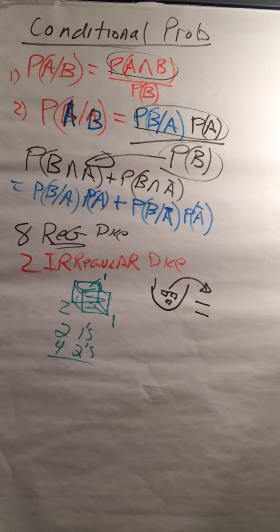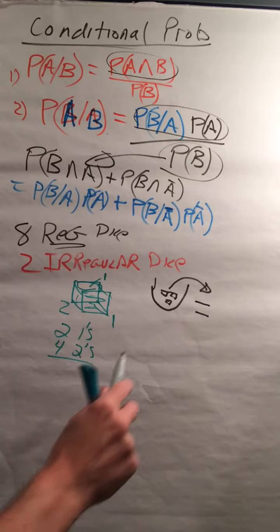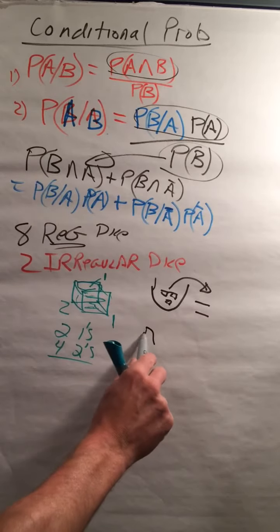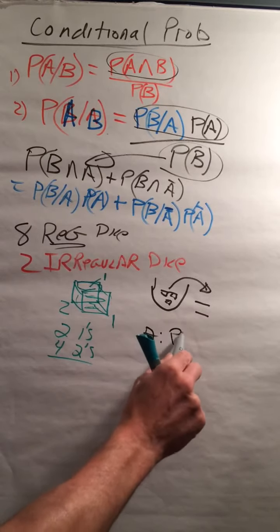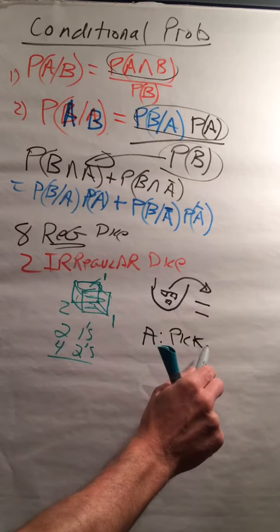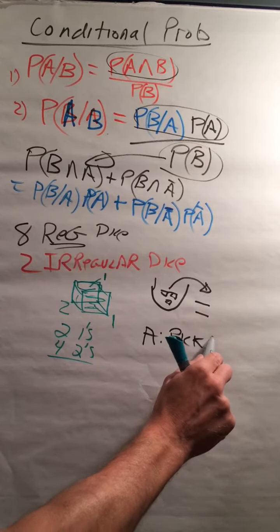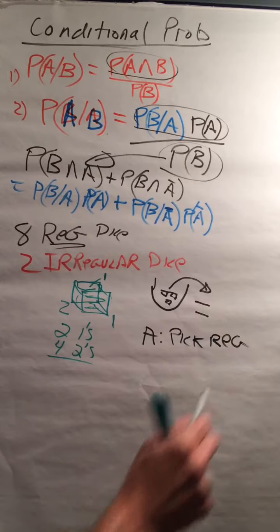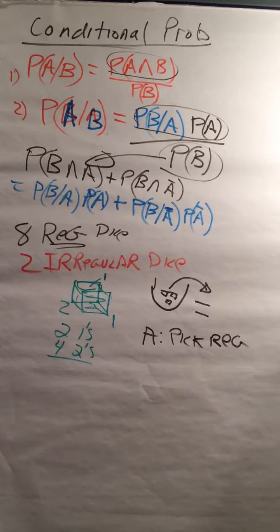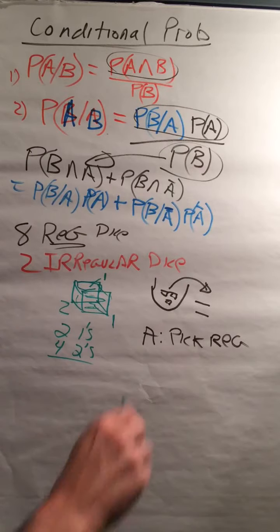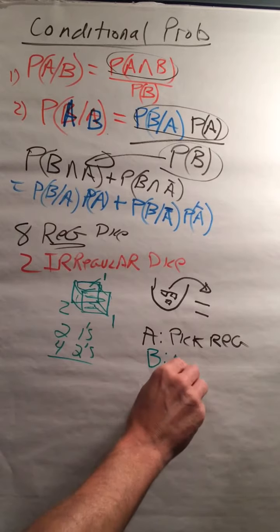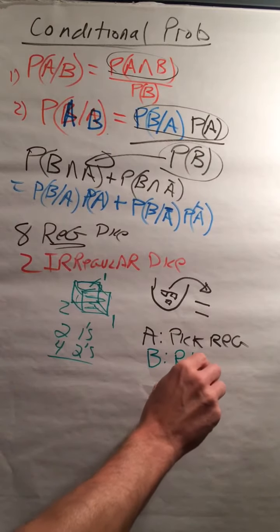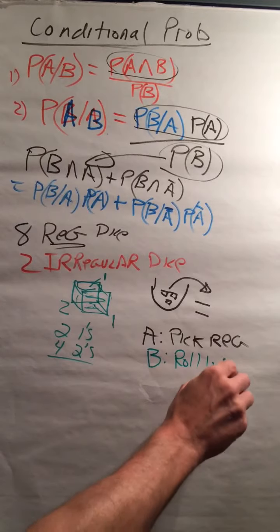Now the two events are going to be: event A is picking a regular die, and event B is rolling a 1 on the first roll and then a 2 on the second roll.